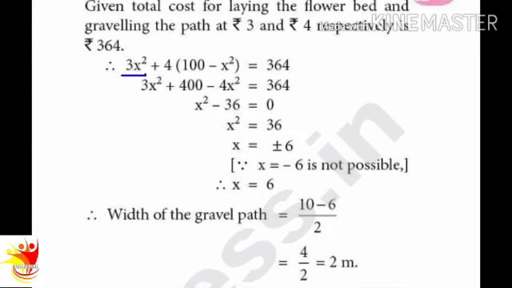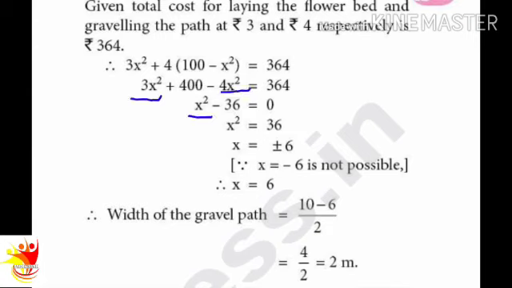Plus the gravel path area 100 minus x squared, whose cost is 4. So plus 4 into 100 minus x squared equals the total cost, 364. 3x squared plus 4 into 100, 400, minus 4 into x squared, 4x squared, equals 364.